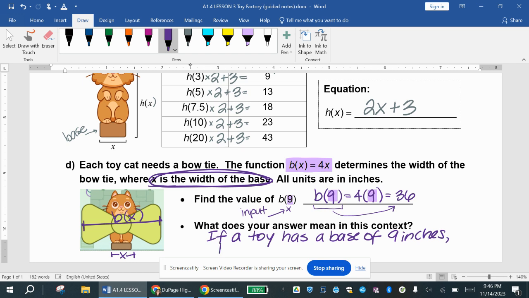The bow tie will be 36 inches because according to the function up here, the bow tie is going to be 4 times x, where x is the width of the base.